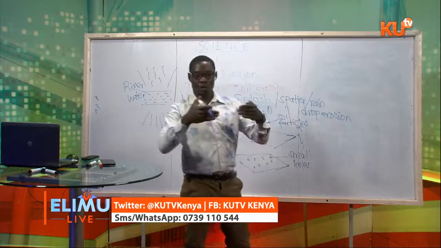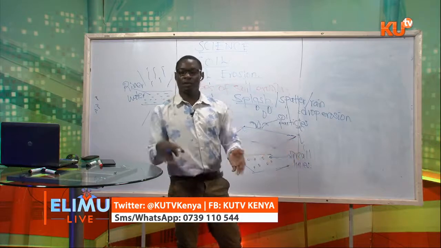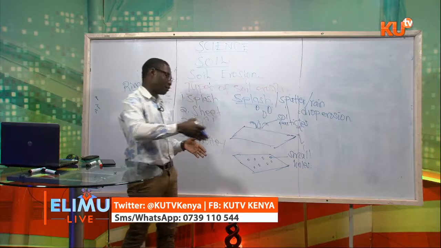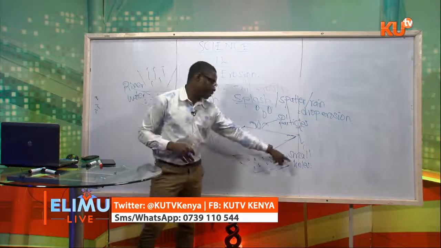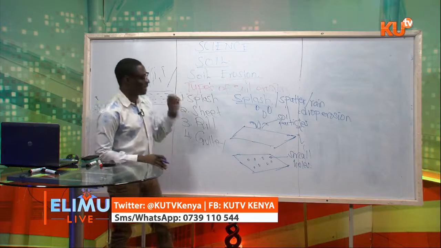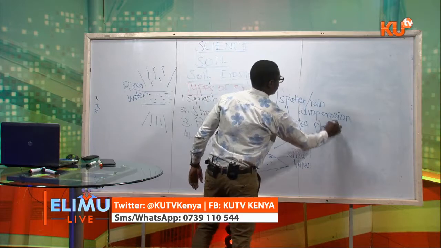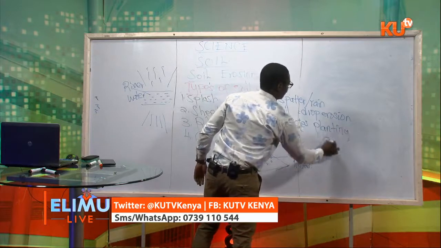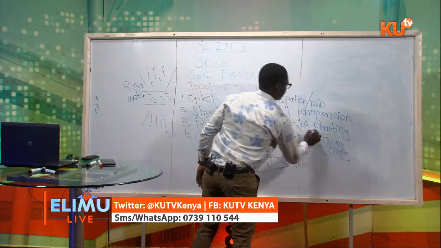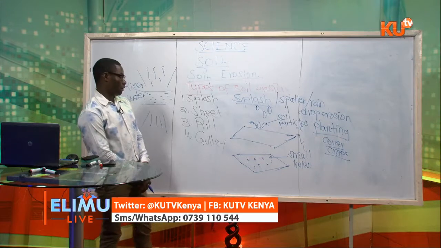Where we have the roofs, where the water drops down, if you go outside your house, if it's not a storey building, you will realize that around your house we have such holes, and that is what we refer to as splash erosion. It can be easily controlled by planting cover crops. That's all about splash erosion.